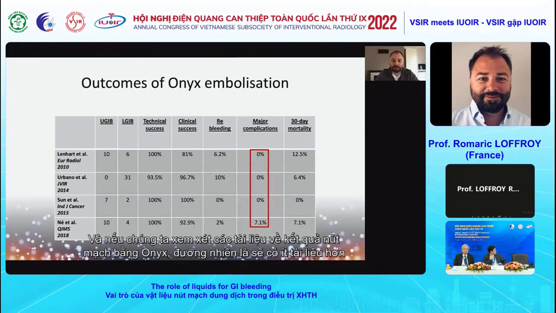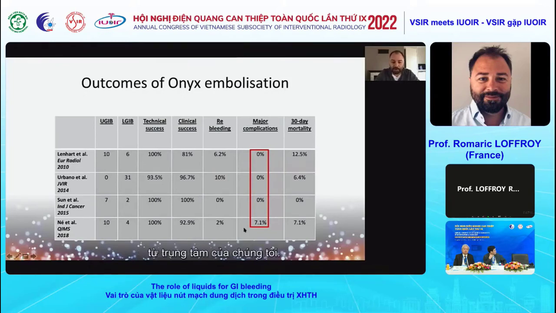And if we look at the literature about the outcomes of Onyx embolization, of course, fewer studies, 4 or 5 studies. The last one here is from our center with almost no major complications.